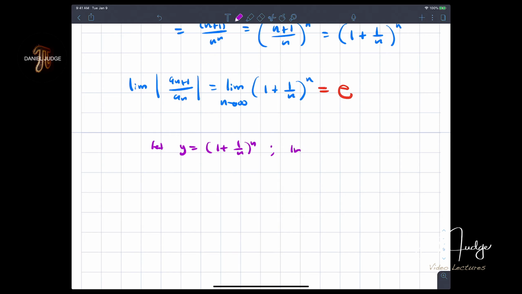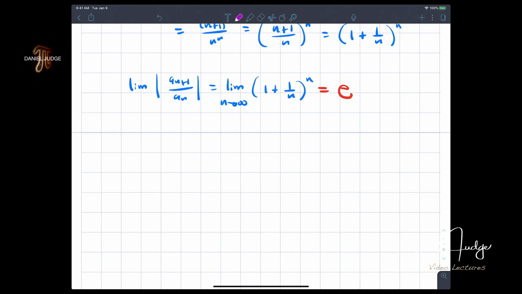You take the natural log of both sides, and by the power rule this gives you n times the natural log of 1 plus 1 over n. You go through the indeterminate power process, and you're going to find that this is actually going to be e.